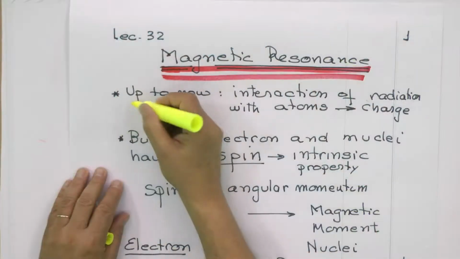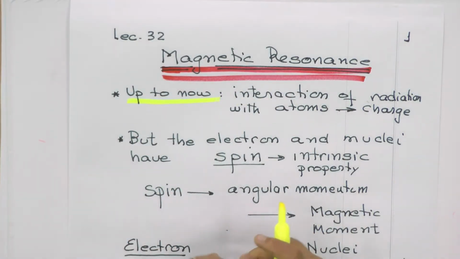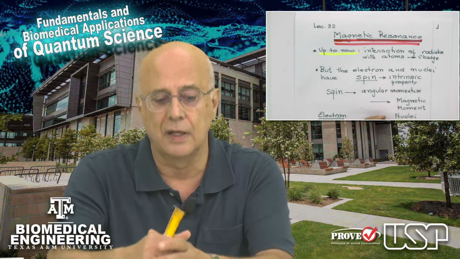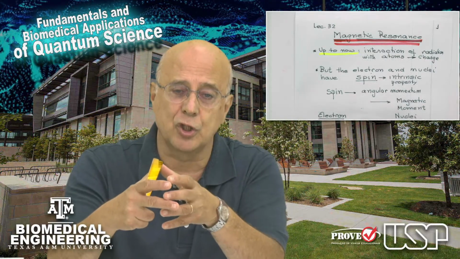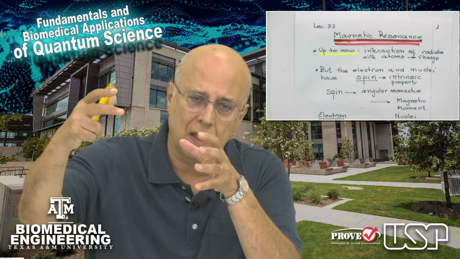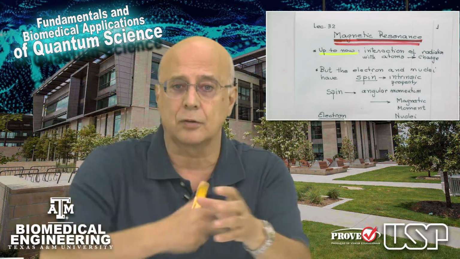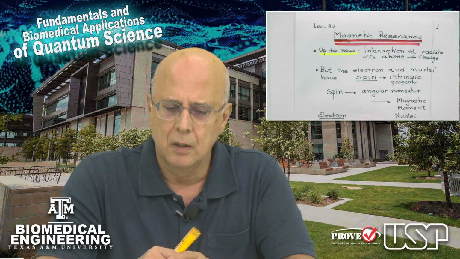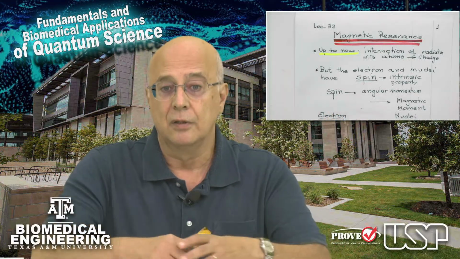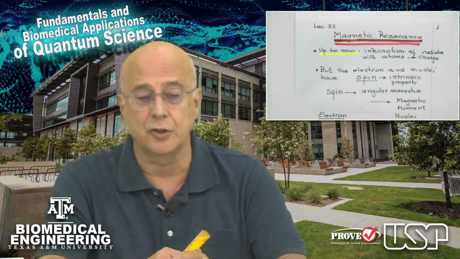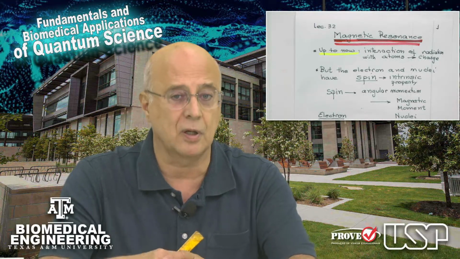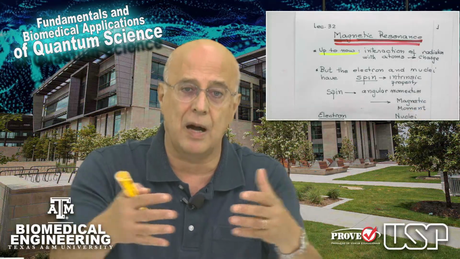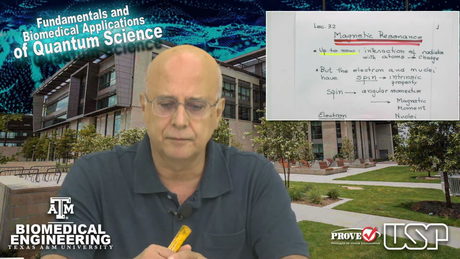Up to now, we have been concentrating on the charge of the electron and the nucleus, the nuclei, of course, because having a positive charge in the nuclei of the atom makes the electron somehow held around, and that creates all the interesting quantum properties of the atom: all the quantization of the energy, the quantization of the distribution of the charge that we call the atomic orbitals, and that gives the possibility for the chemical bonds that make everything that we have around.